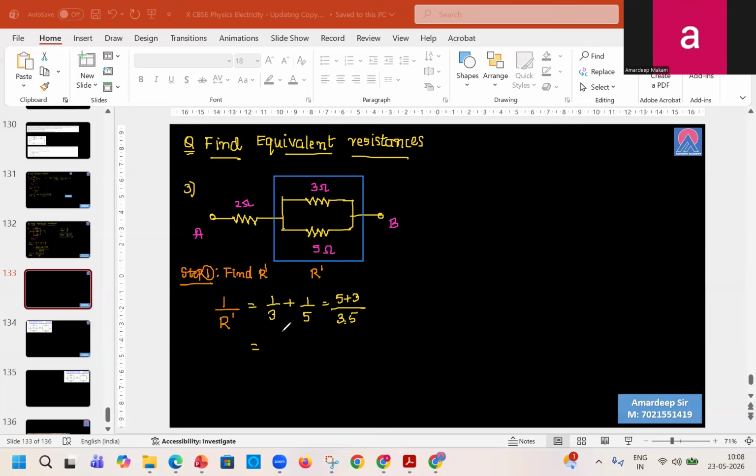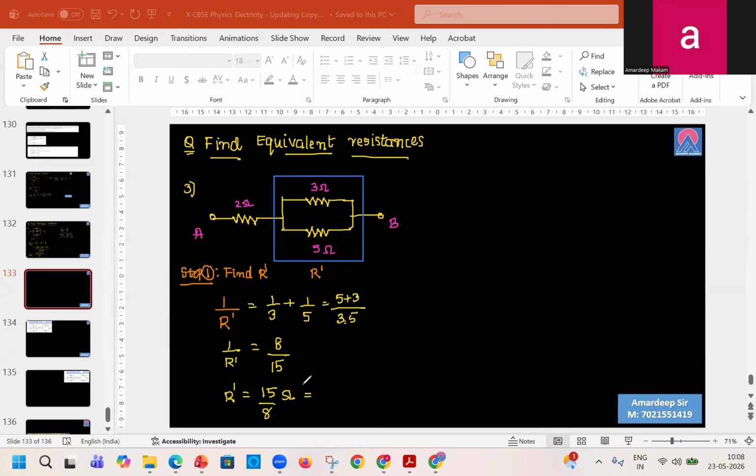Both are accepted. 5 plus 3, 8. 3 and 5 is 15 product. And there's 1 upon R dash still. But what is R dash? R dash will be 15 by 8. 15 by 8 ohm.